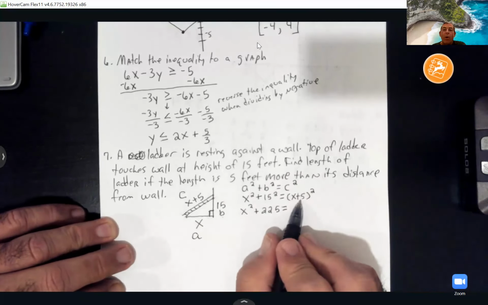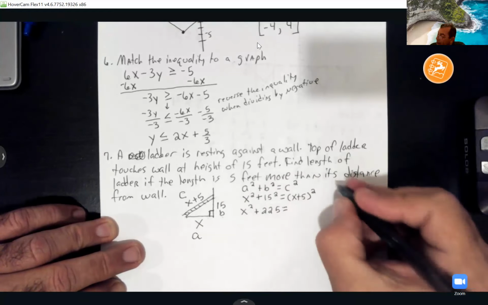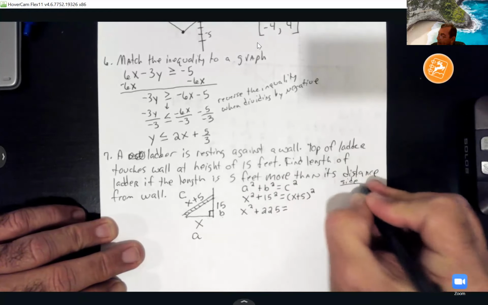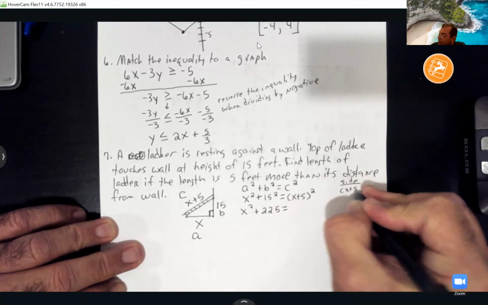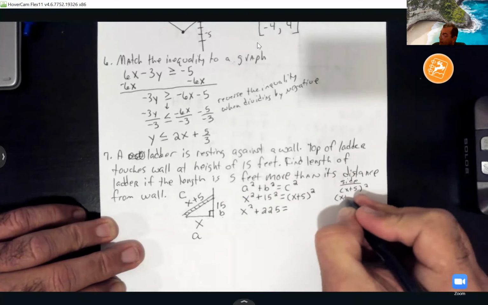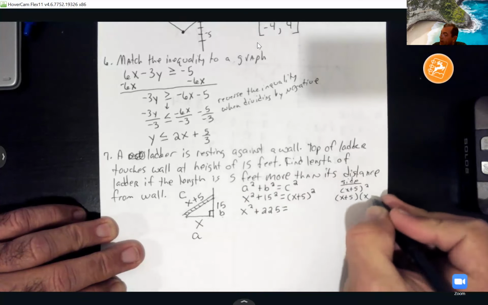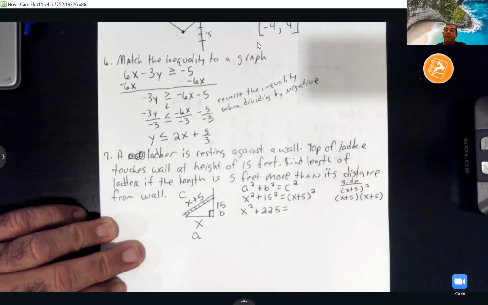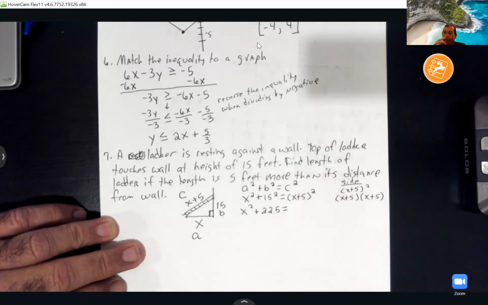And then if you FOIL this, remember, on the side, x plus 5 squared, you got to FOIL that out. x plus 5 times x plus 5. Okay?